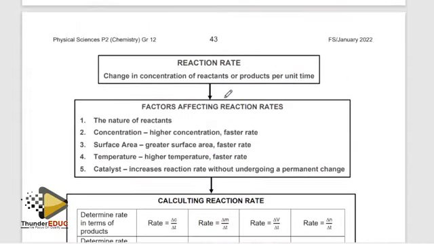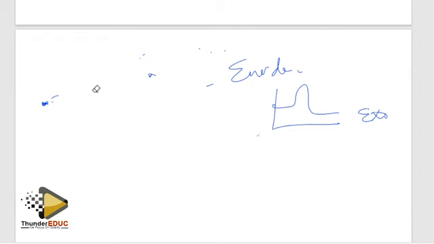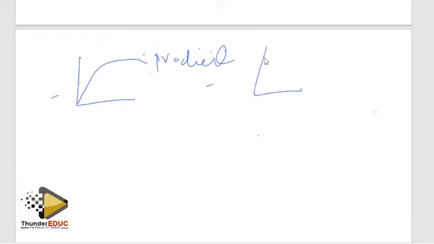When you go to rate of reaction, this is where I want to start. Now, as if I'm teaching, I didn't want to go through everything in here. Guys, you need to know that when a curve is like that, it is a product, and when it is like this, it is a reactant. Products are always increasing, and the reactants are always decreasing.